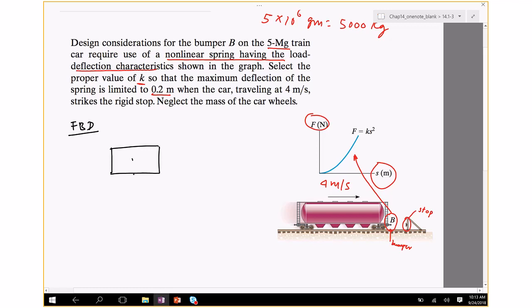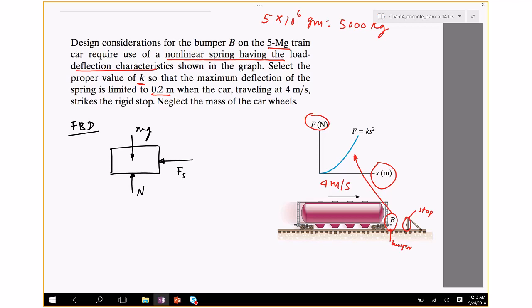It's mg. There is normal force, and then there is a force due to the spring, so let's call that Fs, and we assume that there's no friction between the rails and the wheels. You do not have to show friction force unless it's specified. Just assume there's no friction force.